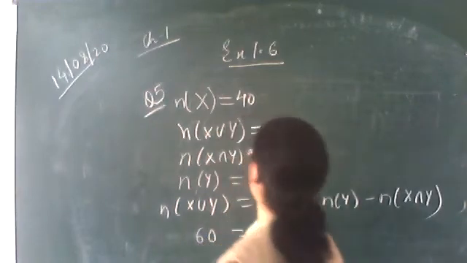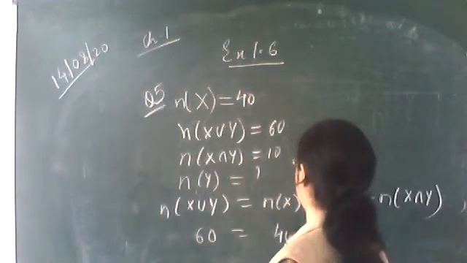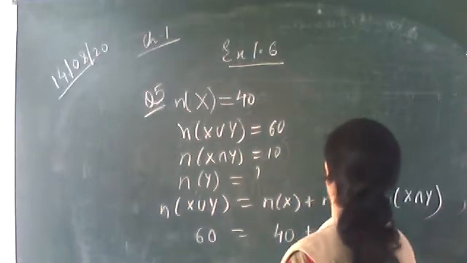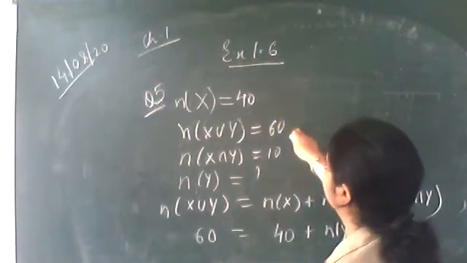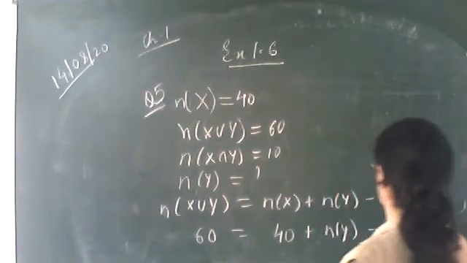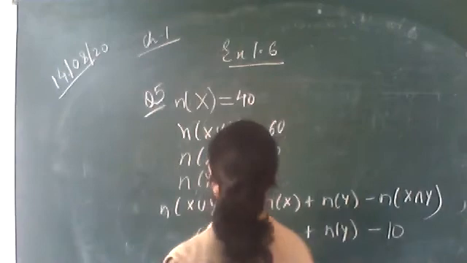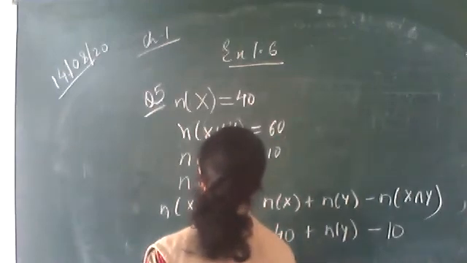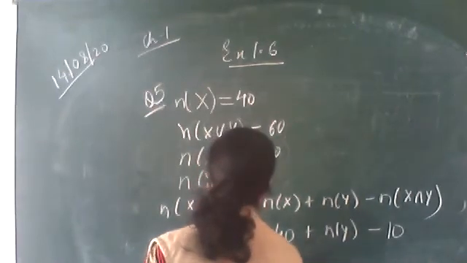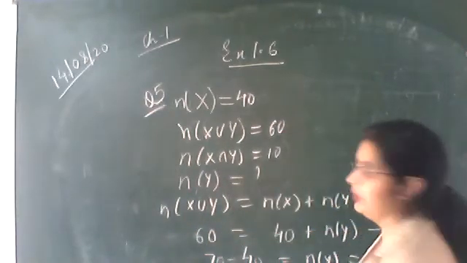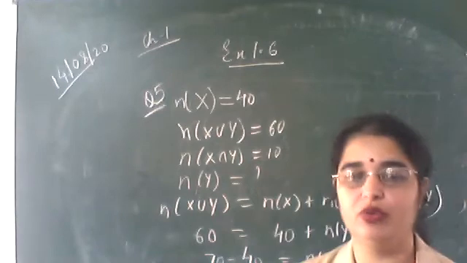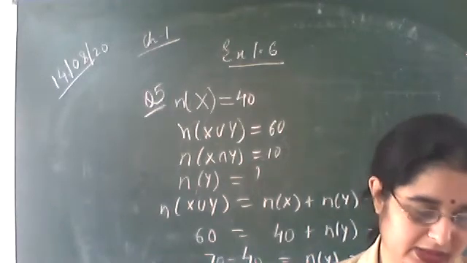Put the value: 60 is equal to 40 plus n(Y) minus n(X intersection Y), which is 10. So this minus 10 will go here: 70 minus 40 is equal to n(Y). So n(Y) will be equal to 70 minus 40, that is 30.